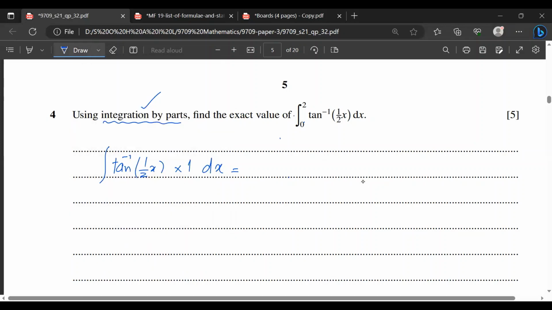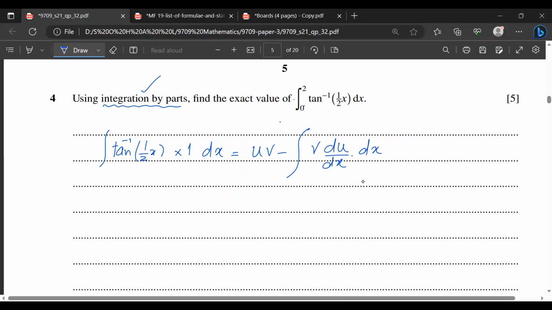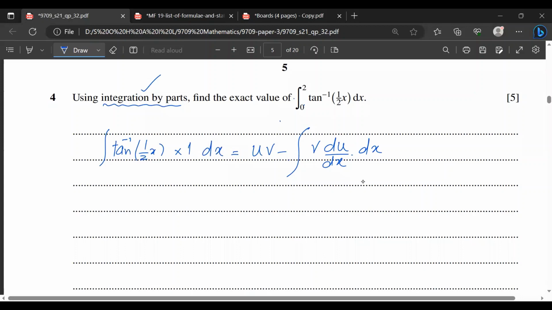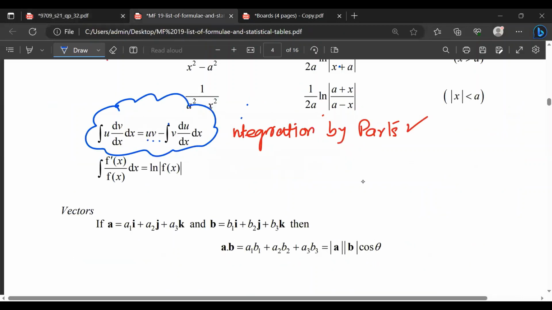So write the right hand side, uv minus integration sign v du by dx, and after writing the right hand side of the formula, we decide u and dv by dx.